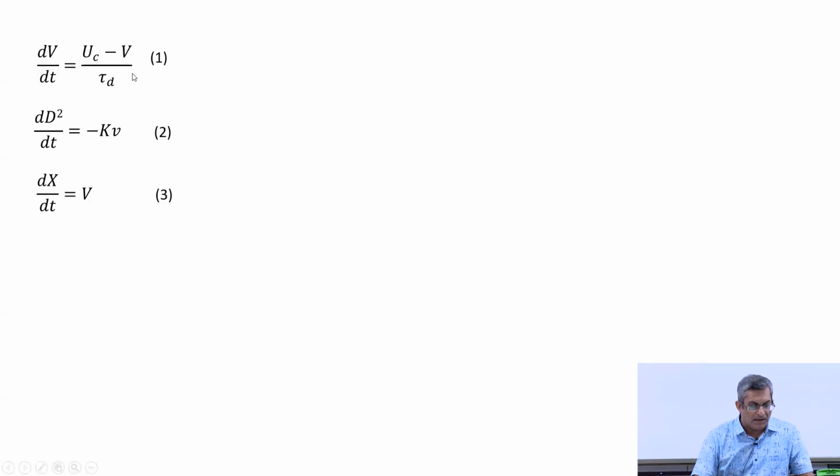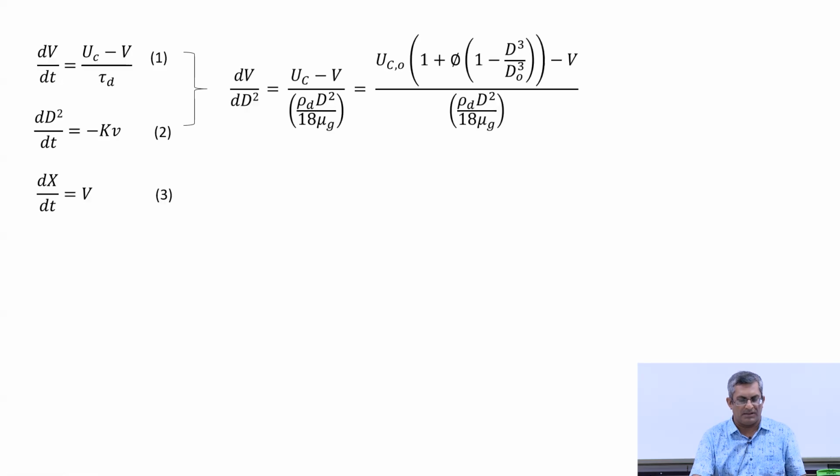So we can consider the single particle equation only. But now this U_C is going to vary, and we have shown how it varies with particle size. So now I consider the momentum equation and the d square law and combine them to get this relation. If we solve this, what will we get? We'll get how particle velocity varies with particle size.